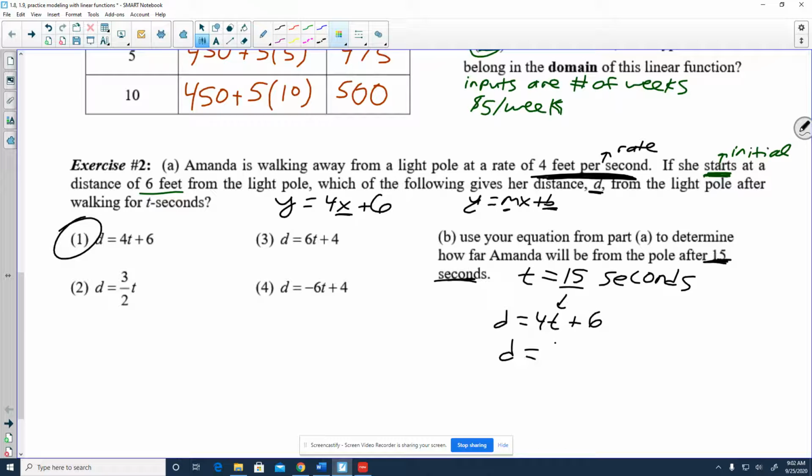And we're going to get how far she is from the pole after 15 seconds. Alright? So 4 times 15 gives us 60. And 60 plus 6 gives us 66 feet away. So that means that after 15 minutes, she's 66 feet away from the light pole. I'm sorry, after 15 seconds, she's 66 feet away from the light post.